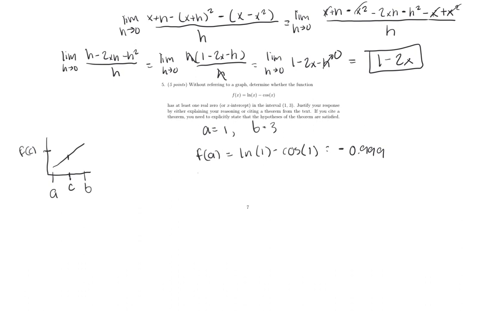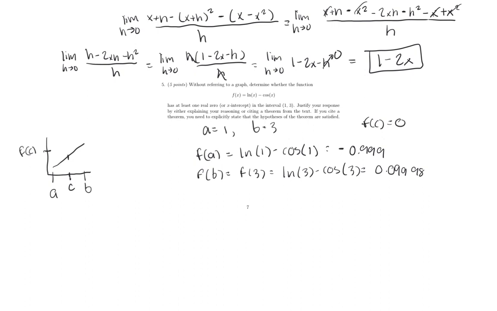And then if we do our f of b, that's going to be f of 3, which is going to be natural log of 3 minus cosine of 3, which is 0.09998. So we see that f of b is positive, f of a is negative, and we're wanting to see if it has an x-intercept on the interval. So we're looking for an f of c is equal to 0, right?